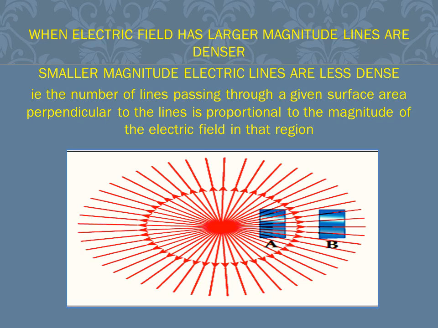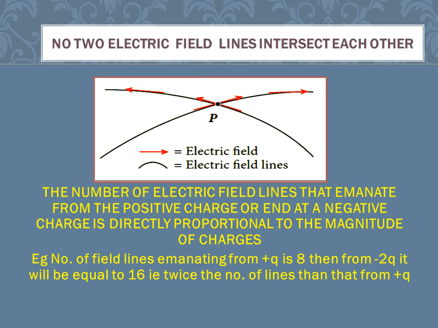The magnitude of the electric field depends on the source. If it is nearer to the source, the field is stronger, and if it is far away, what will happen to the electric field? And the next point says no two electric field lines intersect each other. It is very important. No two electric field lines will intersect each other.